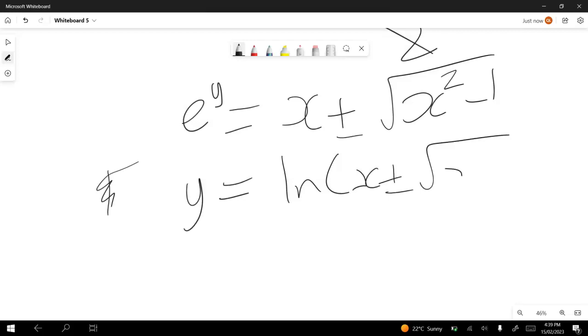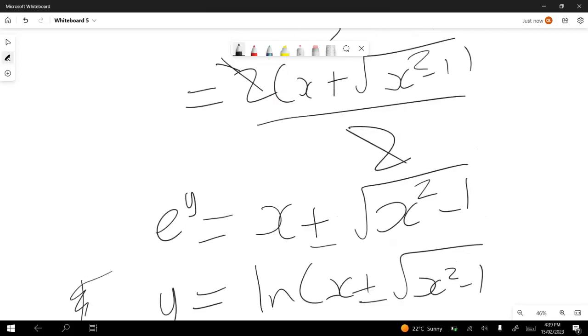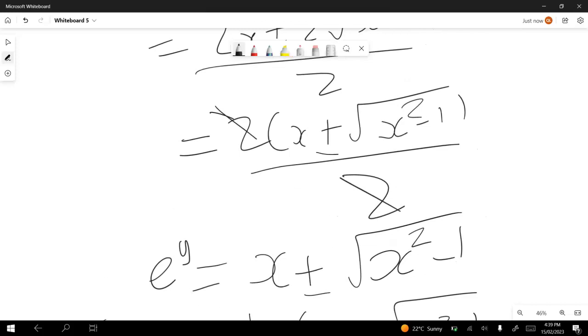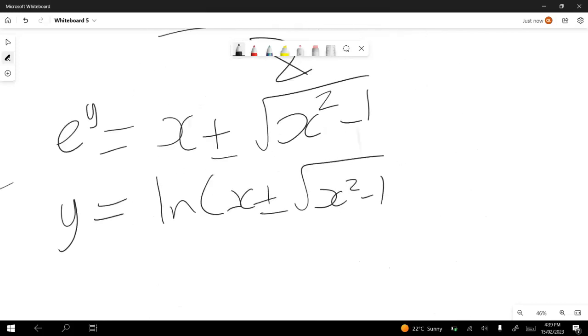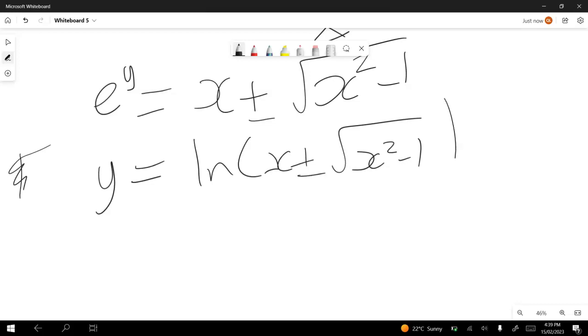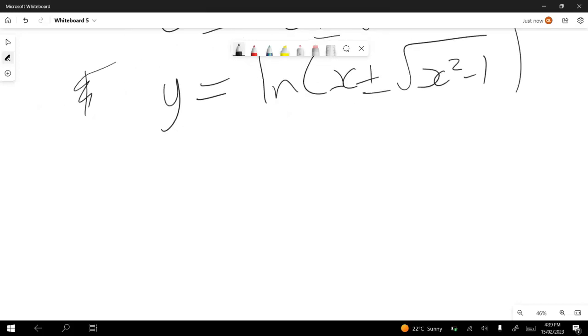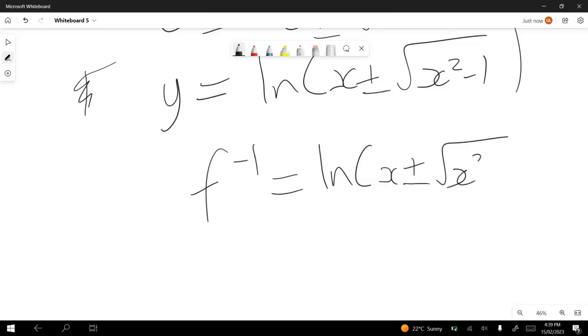Oh my god, I'm forgetting everything. Did I put plus or minus up here? Sorry, it's plus or minus, yeah. And that's it. So your inverse function should be equal to the natural log of x plus or minus the square root of x squared minus 1. But we have two functions here, right?